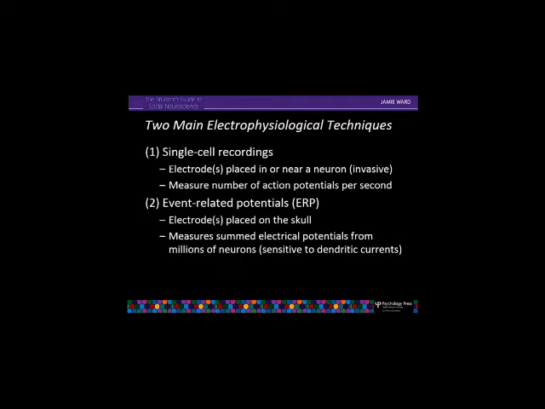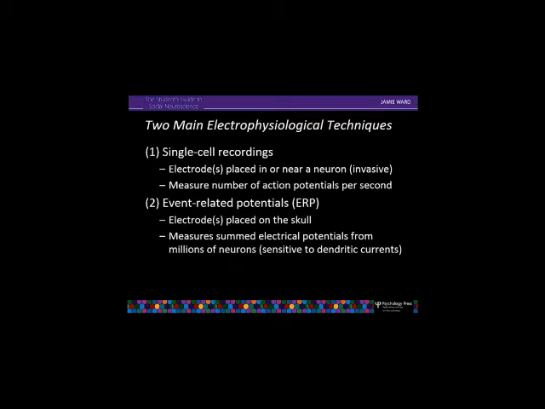So here, these are measures that typically involve the central nervous system rather than the periphery. As you know, neurons communicate with each other electrically as well as chemically, and there are various ways of measuring, in effect, the electrical activity of neurons.